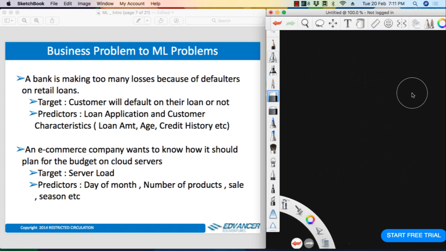When the load is down, they make use of a lesser number of machines, and this greatly optimizes the cost that they have to spend on the infrastructure. Now, of course, this will work even better if a company can forecast how much money they would need to put in, how many machines they might need to involve in future, and they can accordingly plan their budget.